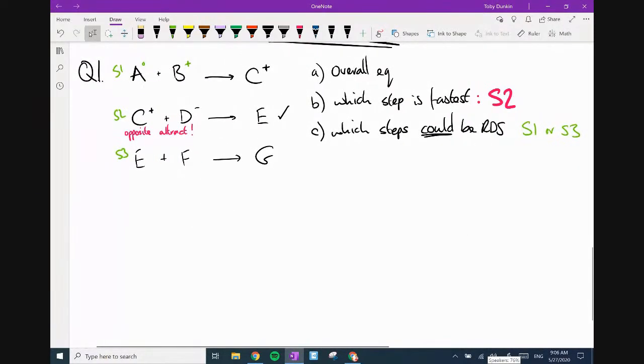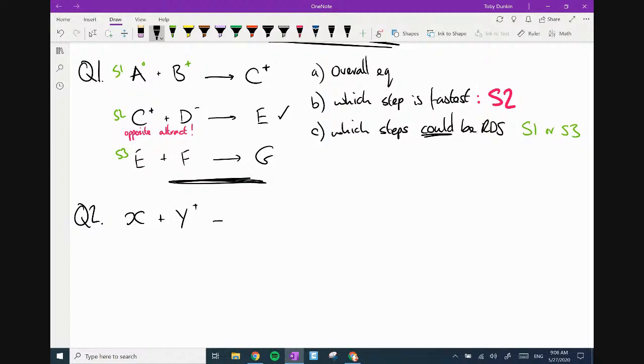Let's now look at question number 2, Q2. You'll realize I'm just giving you different kinds of ideas. I'm trying to get this concept through about what could be an RDS. I'll use different letters to make it clear. X plus Y plus goes to Z plus. Z plus plus Q plus goes to W2 plus.